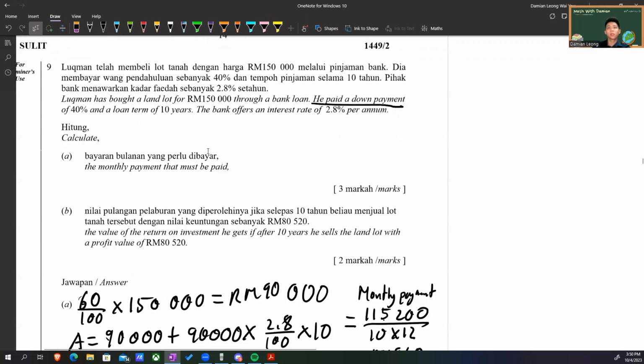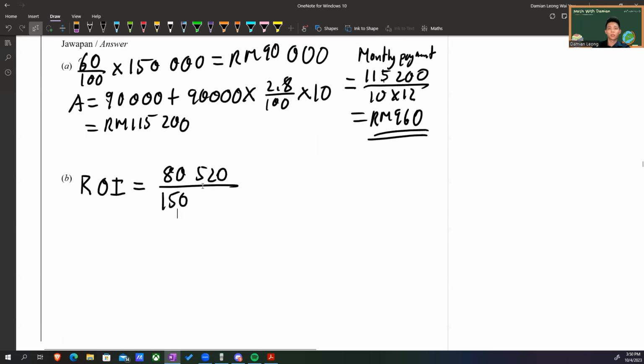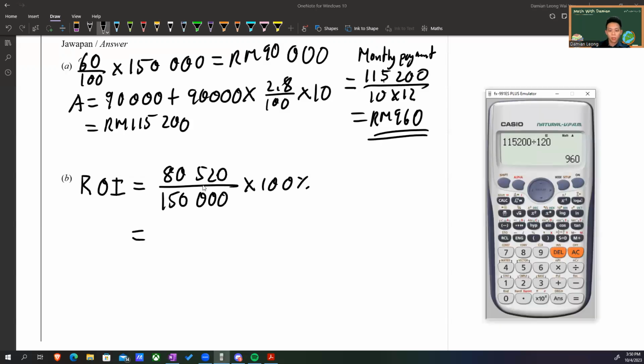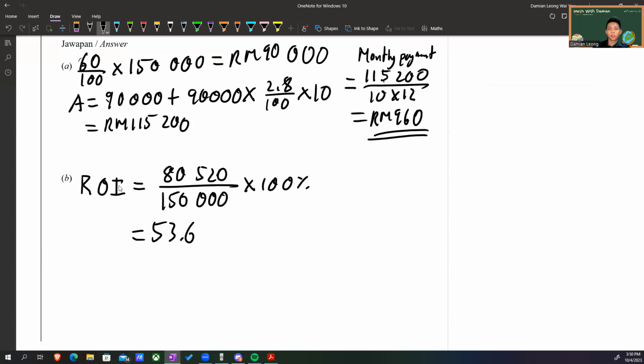The cost is the price of the lot, 150,000. I want it in percentage, so times 100%. 80,520 divided by 150,000 times 100 gives us 53.68%. That's it.